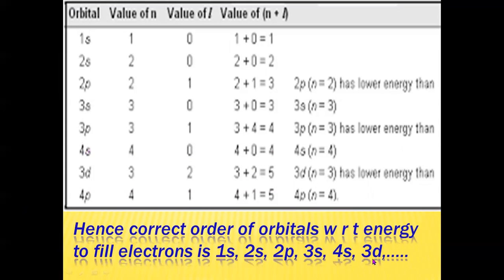There will be many more such orbitals if you go on after 3d, like 4p. Among these, 1s has the least energy and will be filled first. So always we have to take it first. Then this, if it is also filled, then this, and if that is also filled, then this.